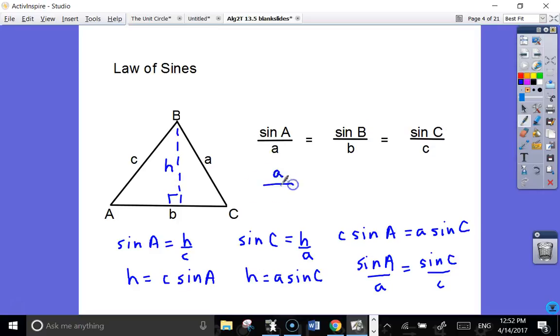You could say a over sine A equals b over sine B equals c over sine C. I mean, you don't have to, but I will always use the one that keeps my variable in the numerator because it just makes it easier for solving.